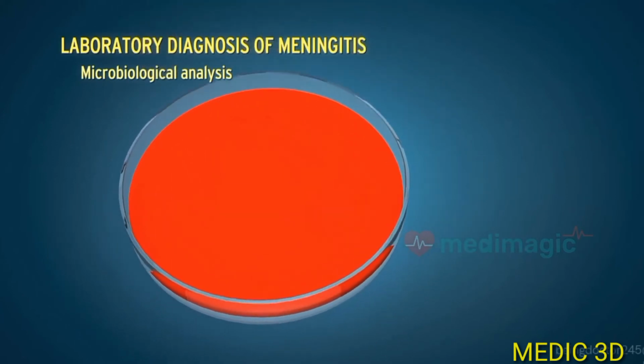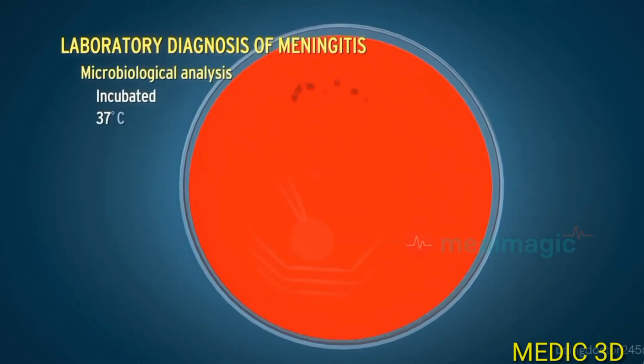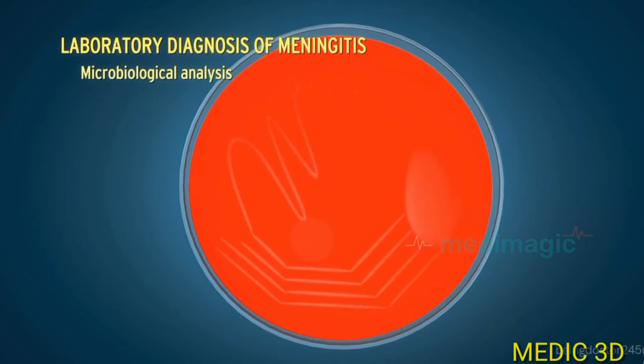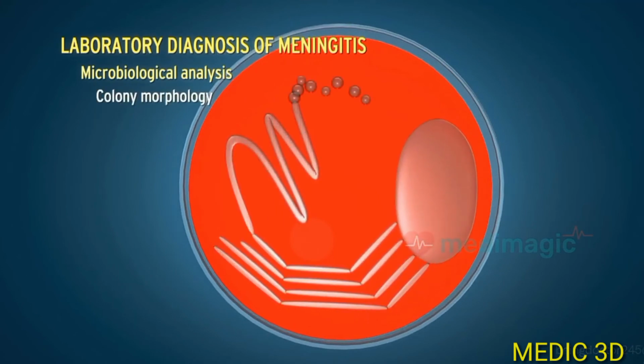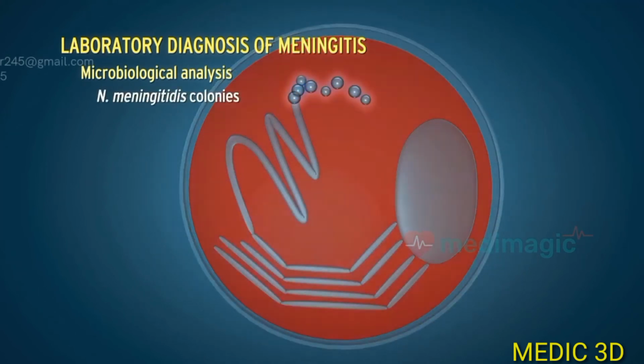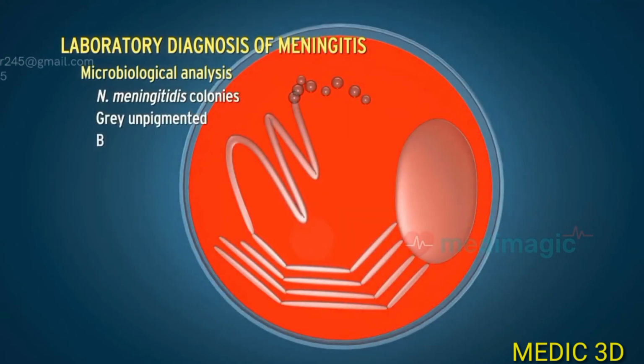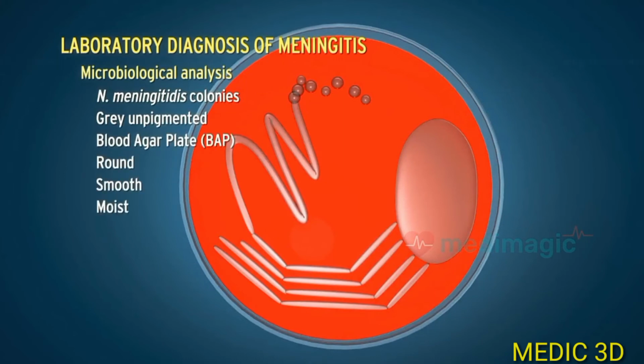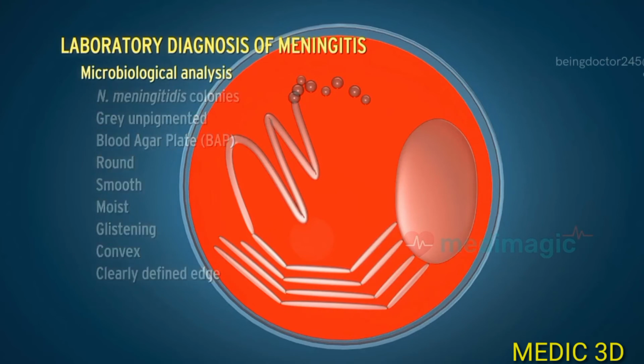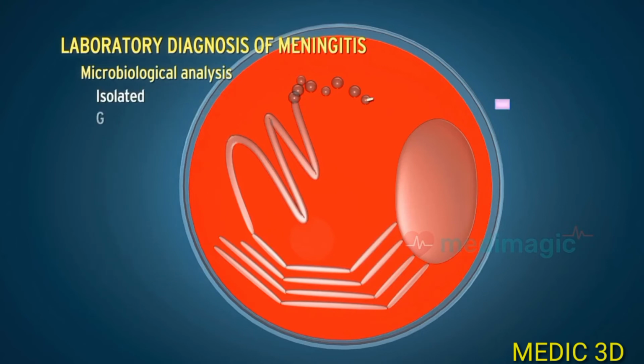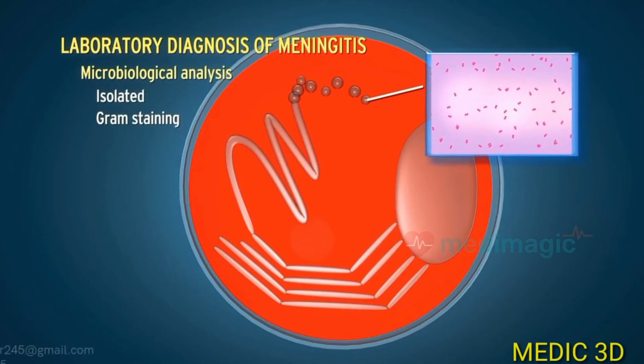The cultures are incubated at 37 degrees Celsius. The colony morphology is studied. For example, N. meningitidis colonies are gray and unpigmented on a blood agar plate and appear round, smooth, moist, glistening, and convex with a clearly defined edge. A colony is isolated and Gram staining is performed to microscopically identify the bacteria.